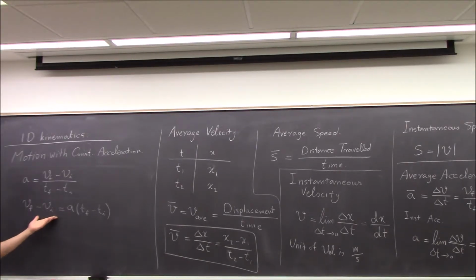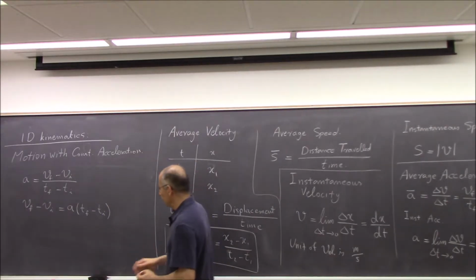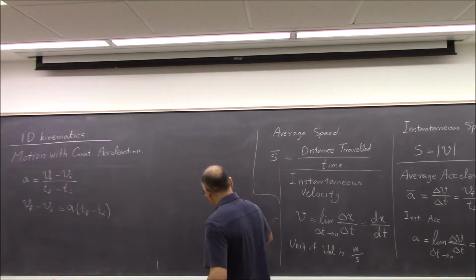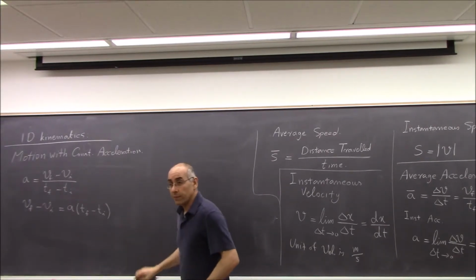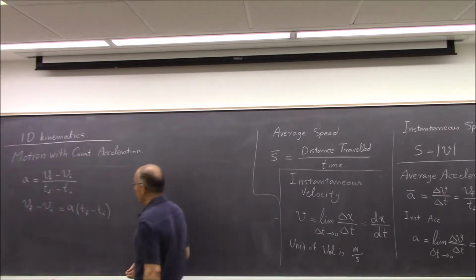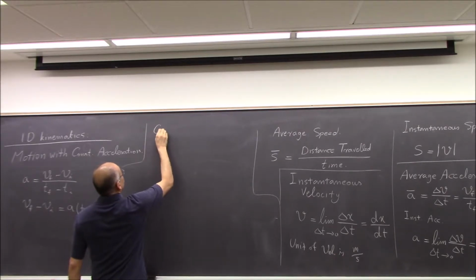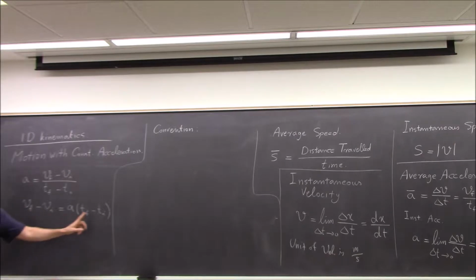But this has a lot of indices and is not very pretty to look at. So we simplify the notation a little bit so that these equations look simpler. We use a convention. The convention is that we usually start the time at the beginning of the problem.